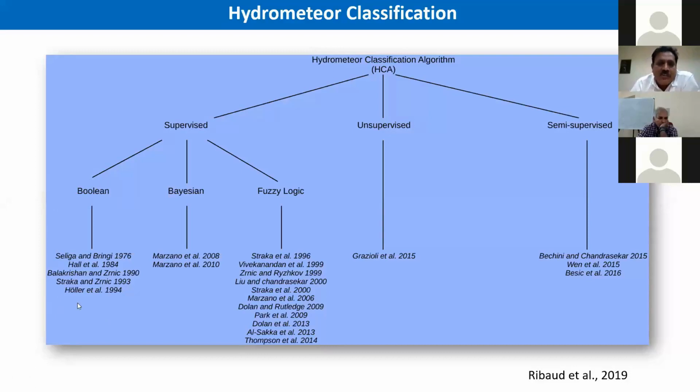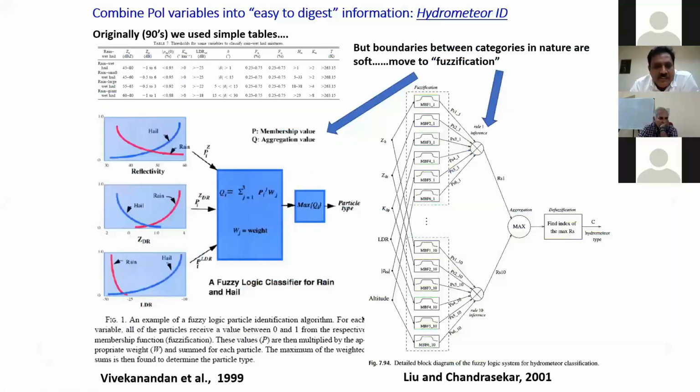So people slowly switched over to fuzzy logic based hydrometeor classification schemes. For example, you can see here the original tables. They used to have these kinds of tables to identify what type of hydrometeors. But now I think people are all using fuzzy logic based systems.